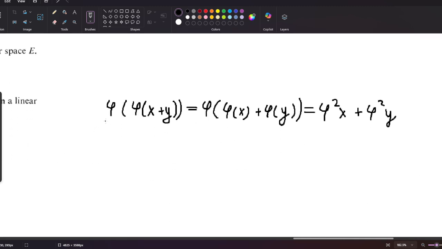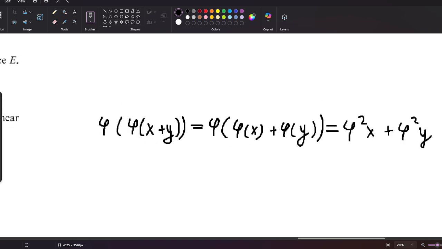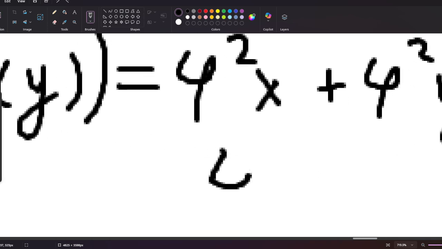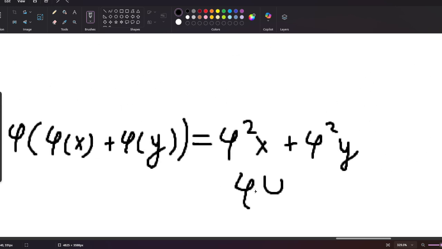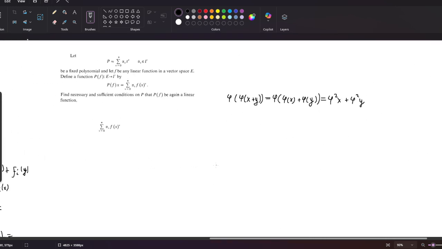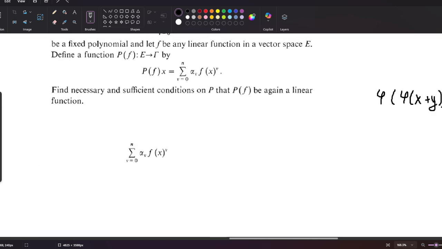So essentially, since we have proven the composition of two linear functions, I mean, they could be arbitrary, it doesn't really matter, it would just be not phi squared, it would be like phi times psi, but we're dealing with the same exact function here, so it doesn't really matter for us.